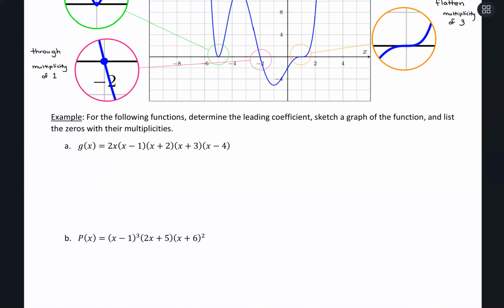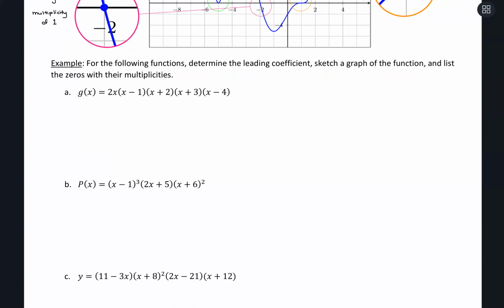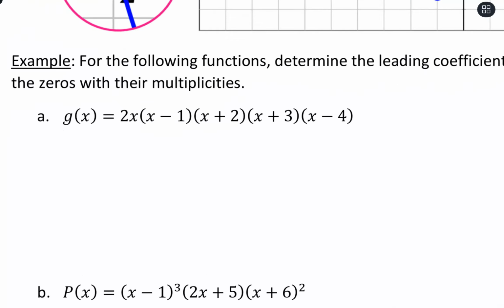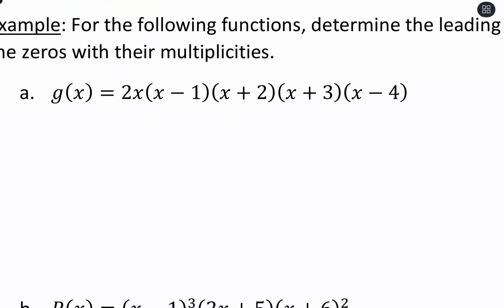So let's put this together, and we can make quick little sketches here just based on long run behavior, our leading coefficients, and the multiplicity of our zeros. With this one, the leading term will have 2x times x times x times x times x. So let's see, 1, 2, 3, 4, 5 x's.